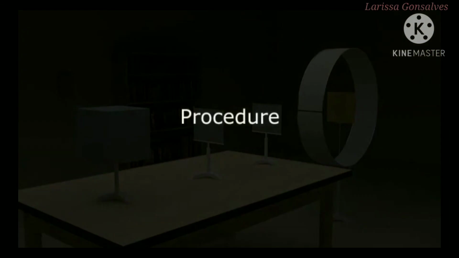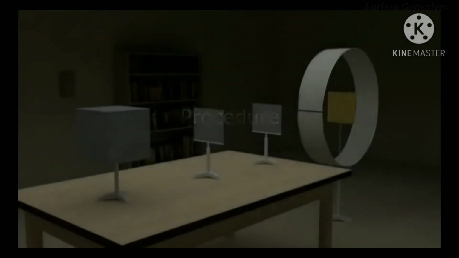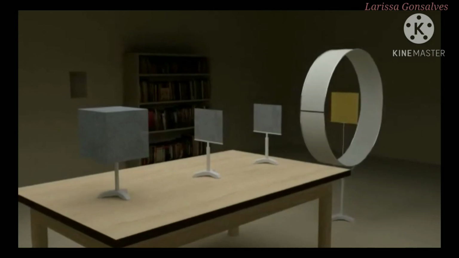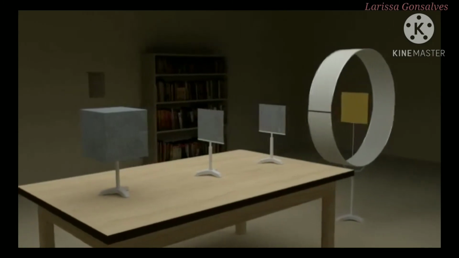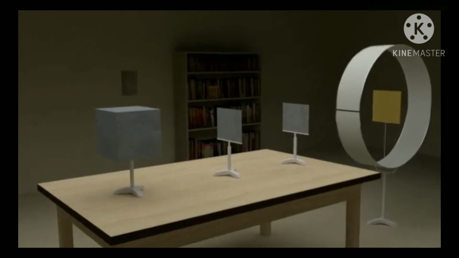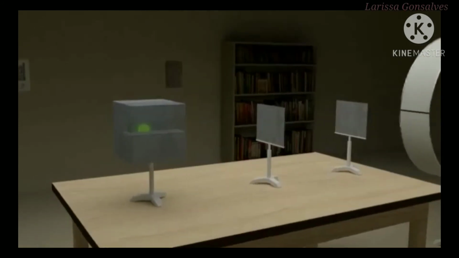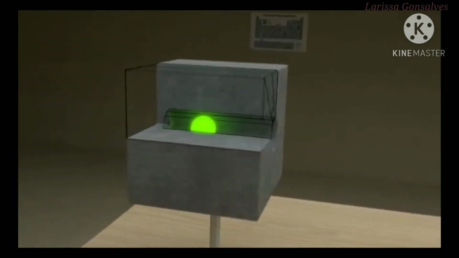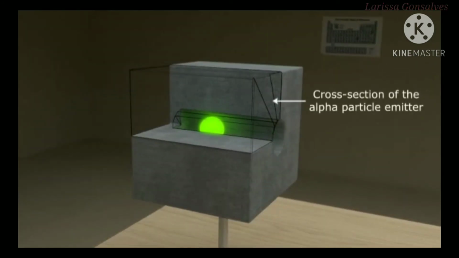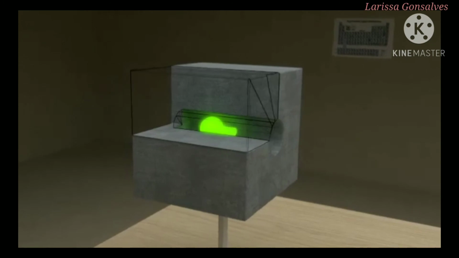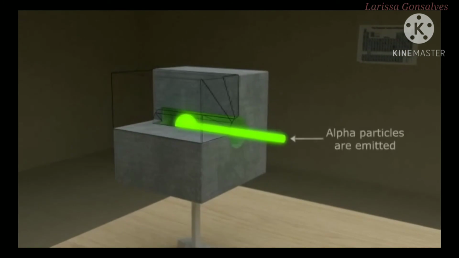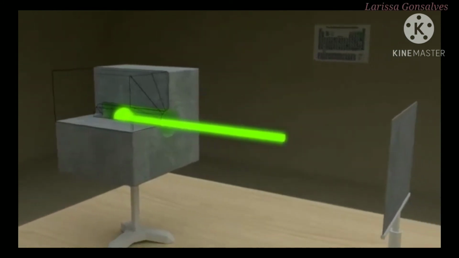The procedure to carry out the experiment. The alpha particles are placed inside this box, and there is a small slit. Slit means a hole through which the alpha particles will come out. You can also say it is the cross section of the alpha particle beam. So you can see the alpha particles are emitted now.